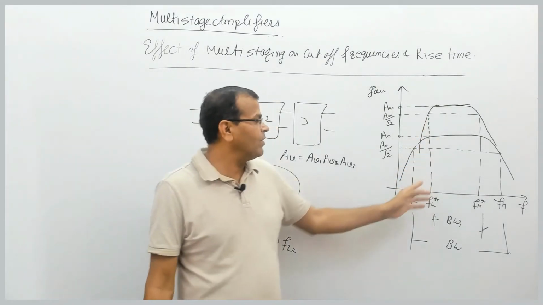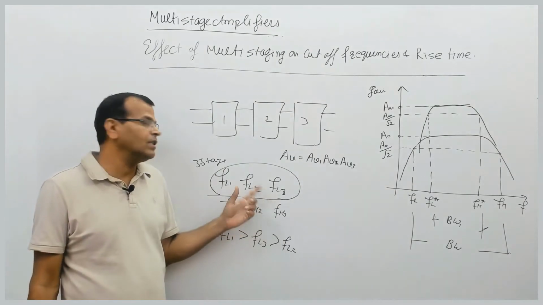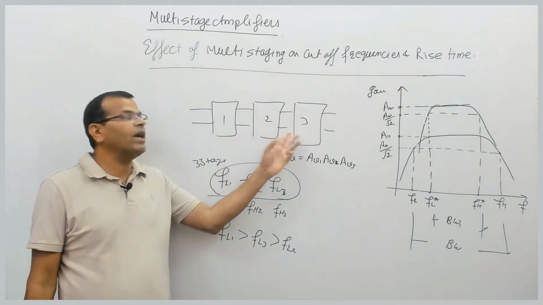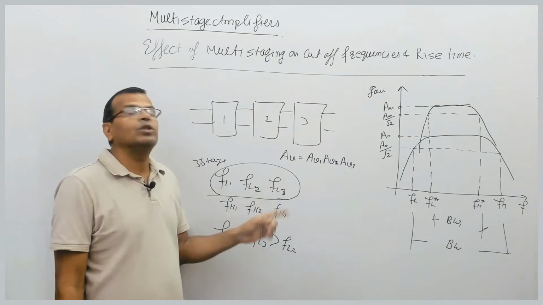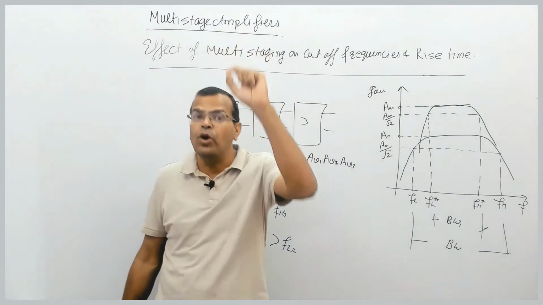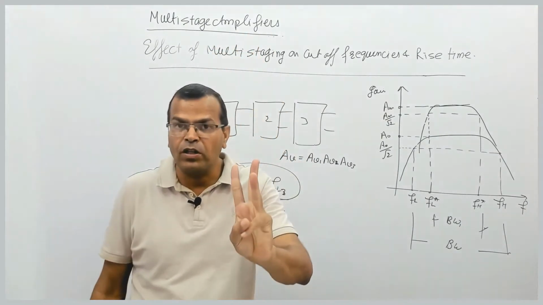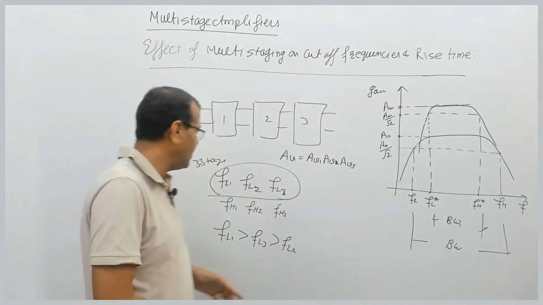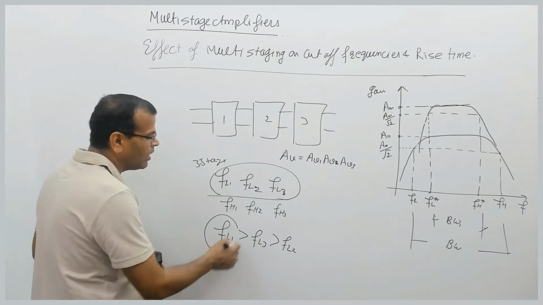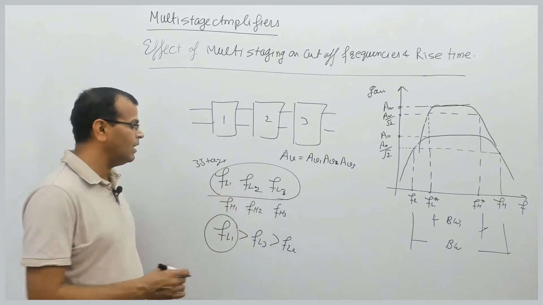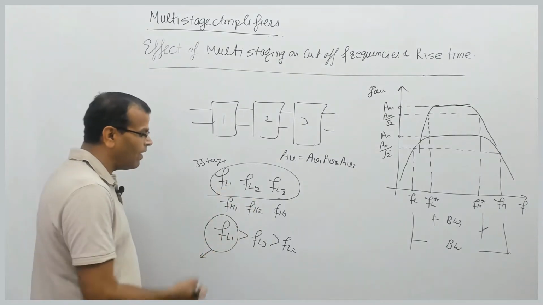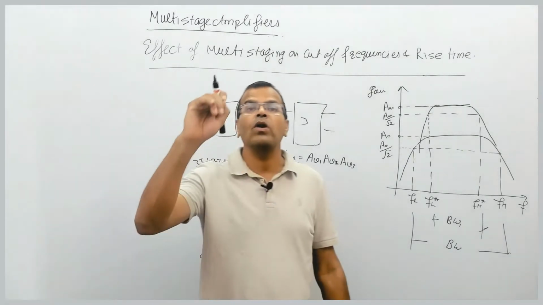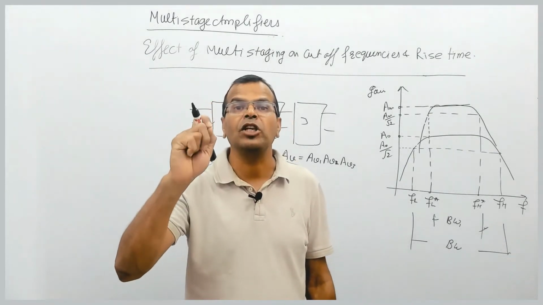So the highest among these 3 lower cutoff frequencies, because every stage will have its own frequency response. The highest of the lower cutoff frequencies of all 3 stages will be the overall cutoff frequency of the multi-stage amplifier. I repeat, if FL1 is the highest of all these 3, then FL1 will be the overall cutoff frequency of the multi-stage amplifier.